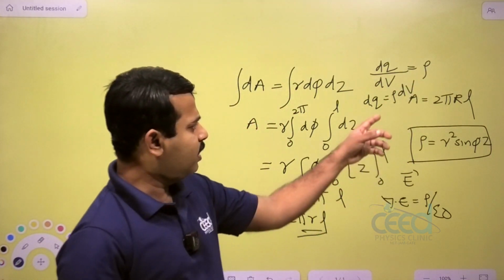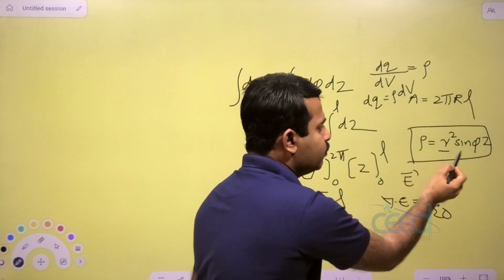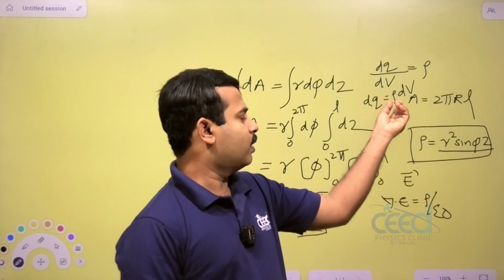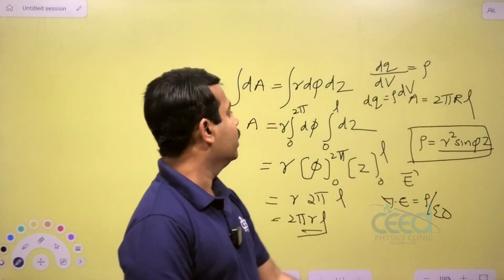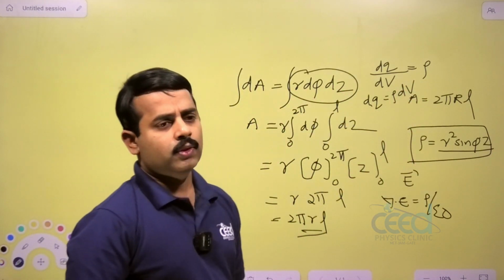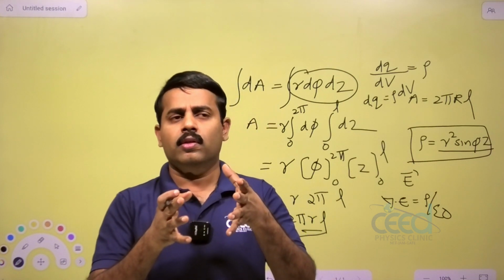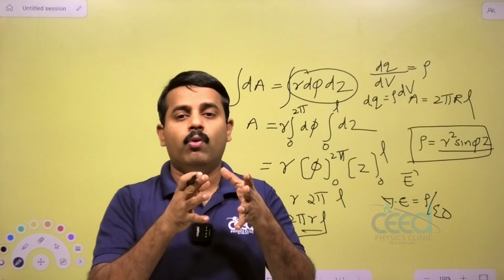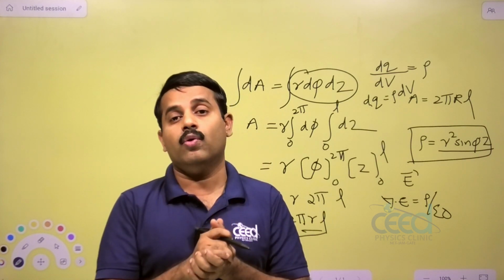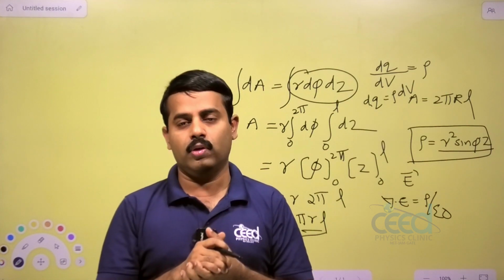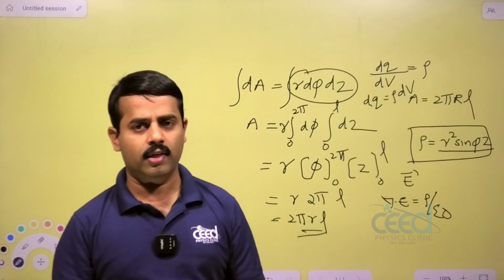But this rho is given in terms of an R, phi, z function, so we substitute that, and then the corresponding volume element should be substituted. So in electrodynamics, this coordinate system is very important to solve different kinds of charge distribution, field solving, and potential solving.